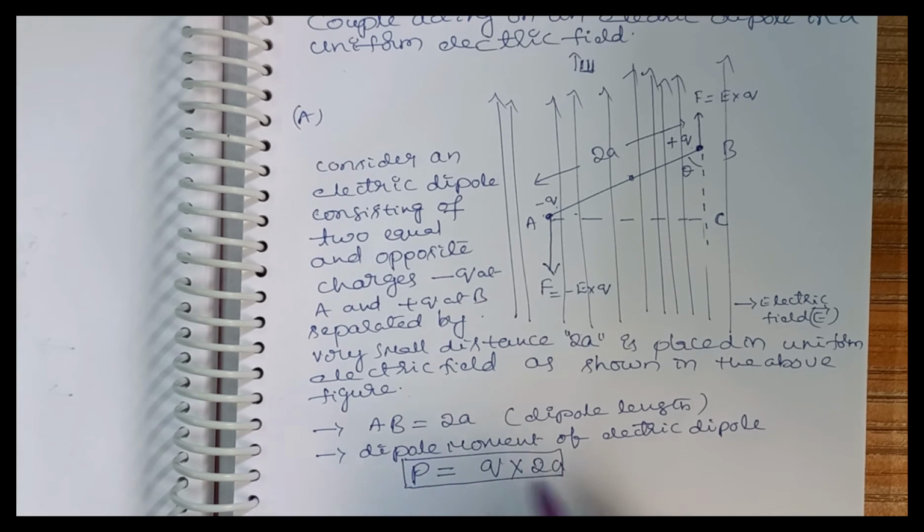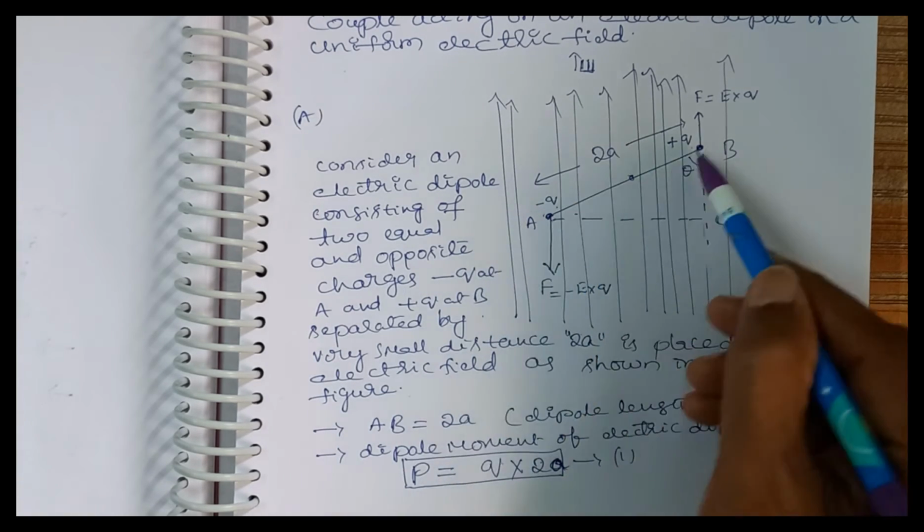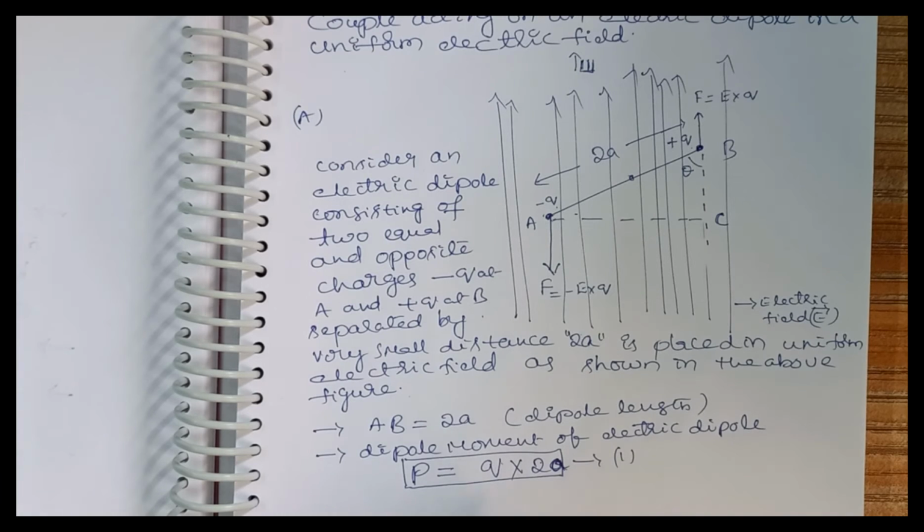It is equation 1. So it is the product of the magnitude of one of the two charges and the dipole length 2a.